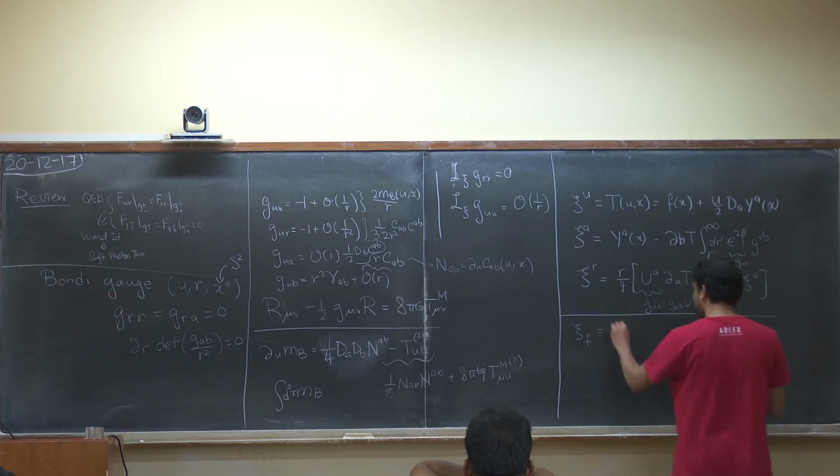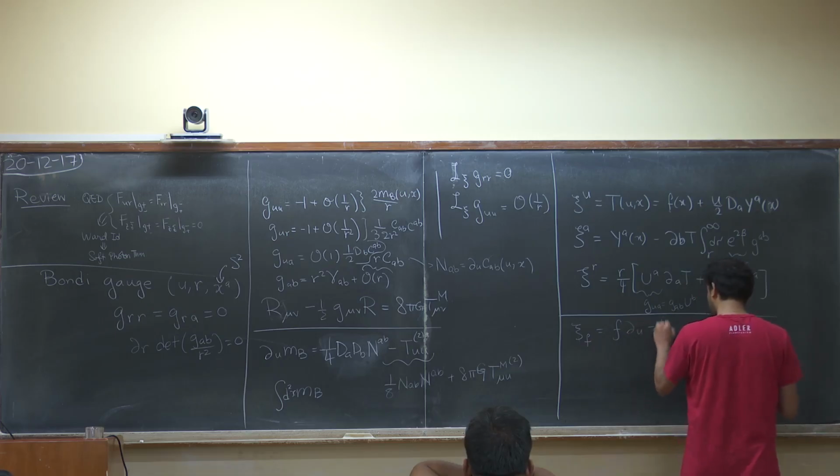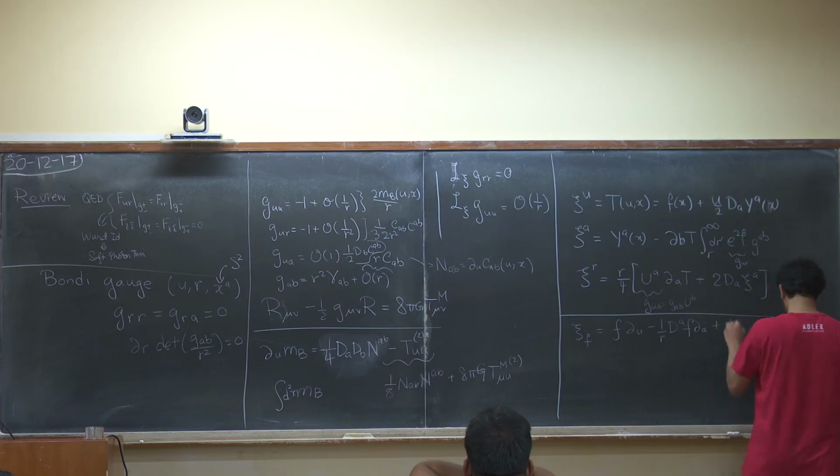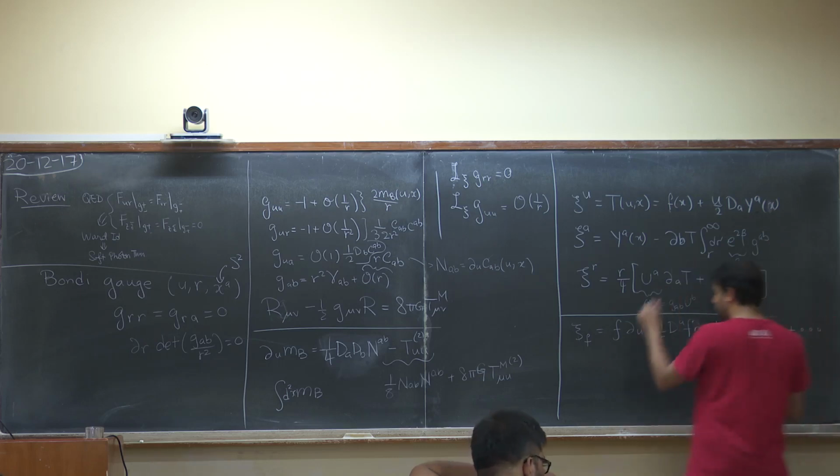Just near the boundary, the supertranslation vector acts universally in the following way. And then, of course, there are subleading corrections in r, which do depend on the details.